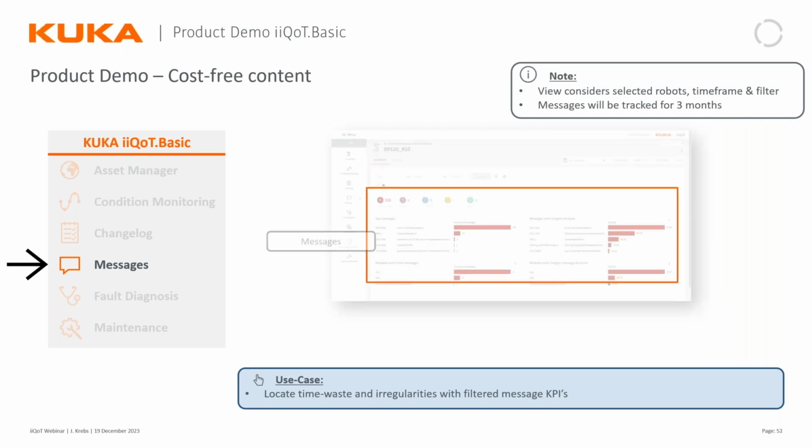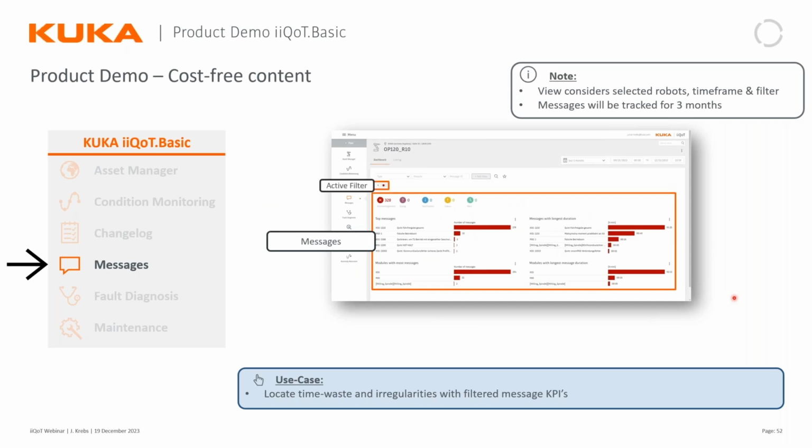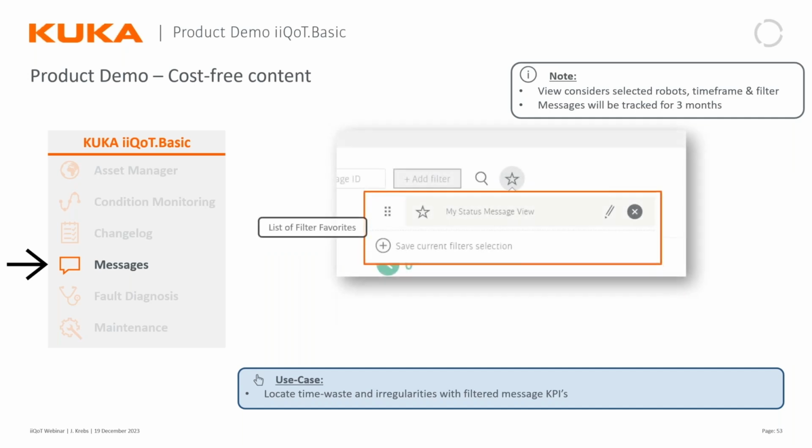And in my case here, I basically put an active filter, and I want to only see acknowledgement messages. And of course, I look again at 1 robot in 3 months, and I basically used my filter function.